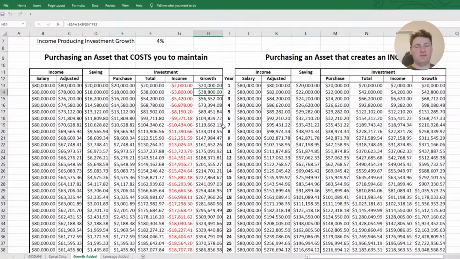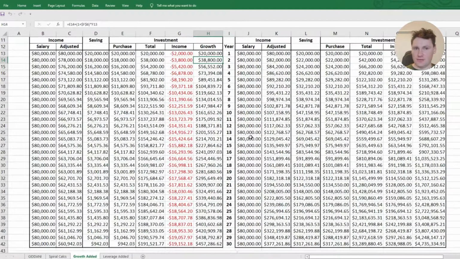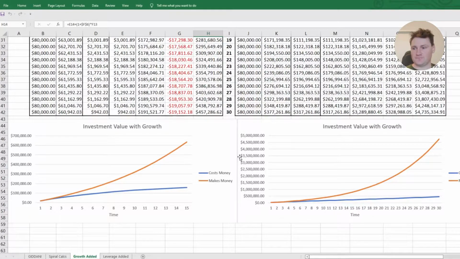So now we have this situation where your portfolio is growing at 4% year on year, and you're adding additional assets to it. What does that look like as a portfolio that costs you lifestyle to maintain or provides you additional income? How does that look after 30 years?